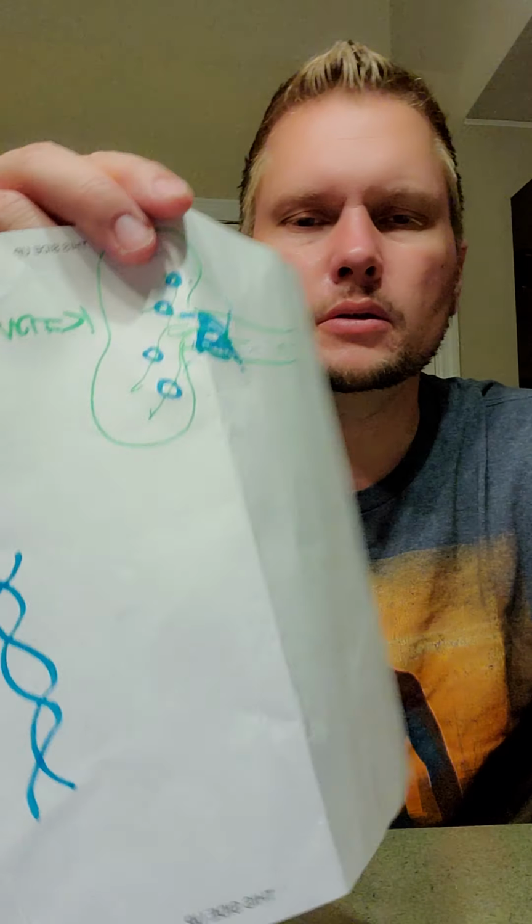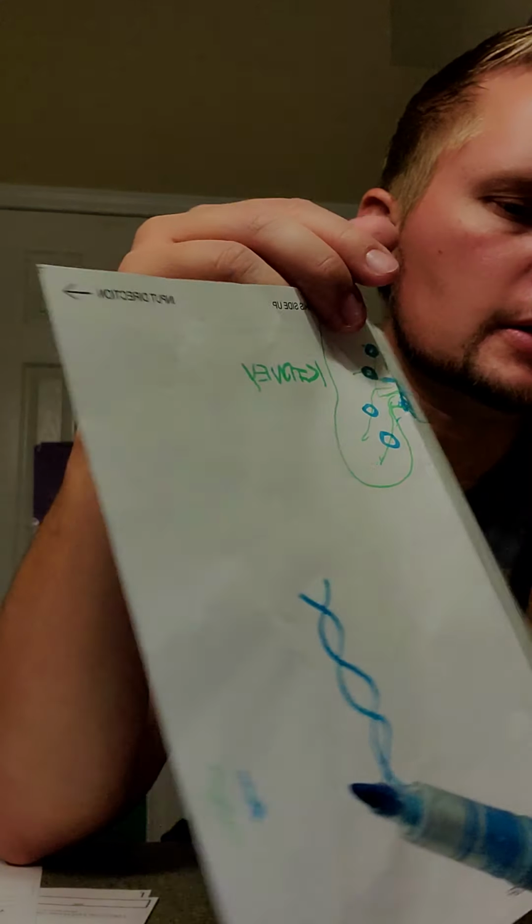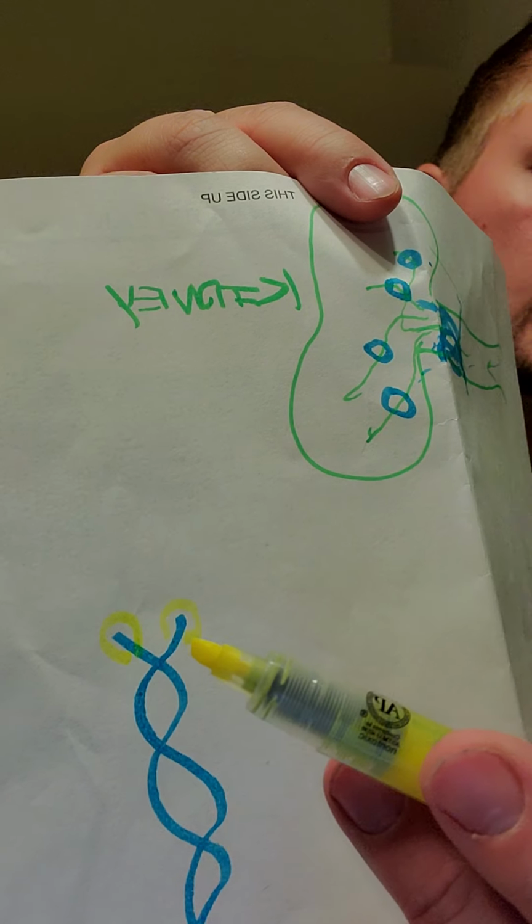In every strand of DNA, you have something called a double helix, okay? And this double helix looks like that, okay? This is a double helix. At the end of your double helix, you have something called telomeres. And it protects your chromosomes.